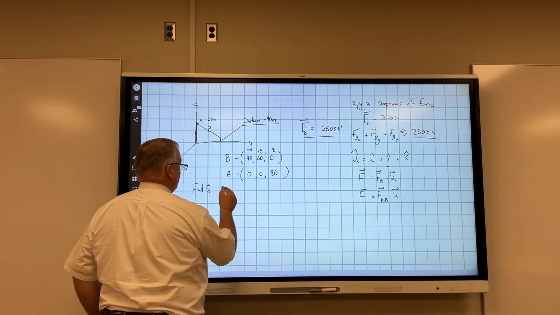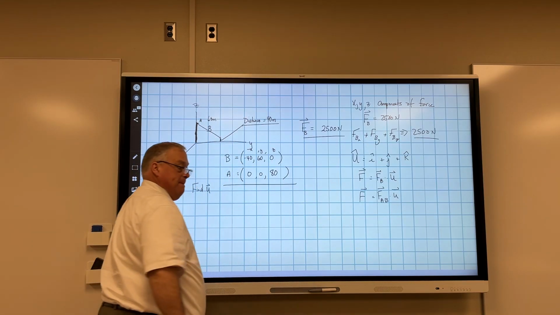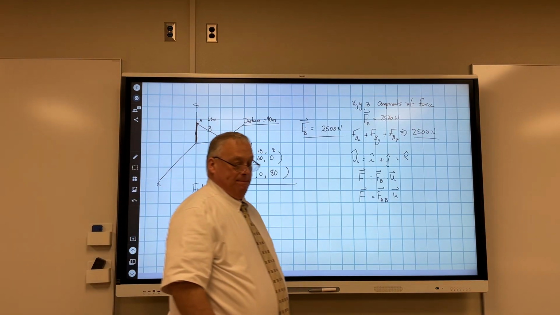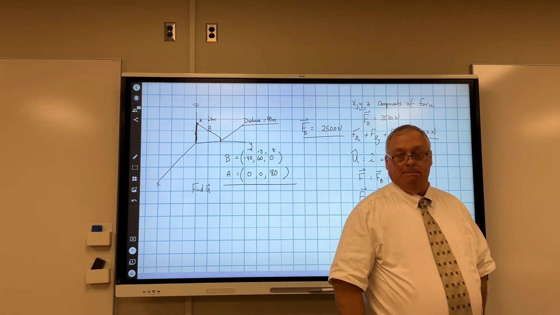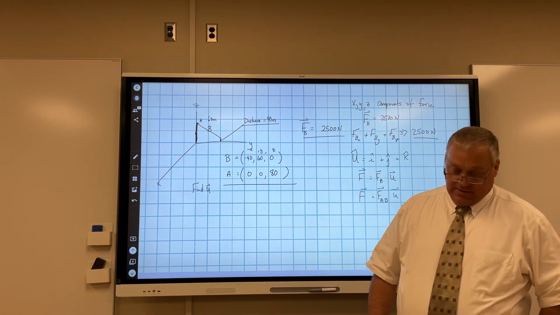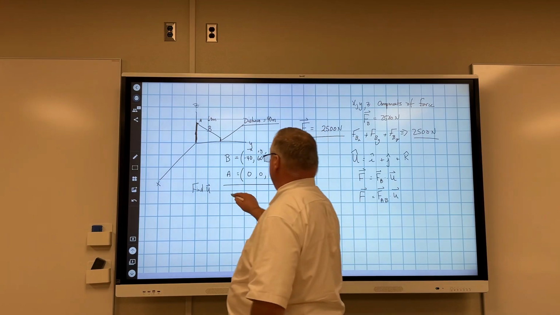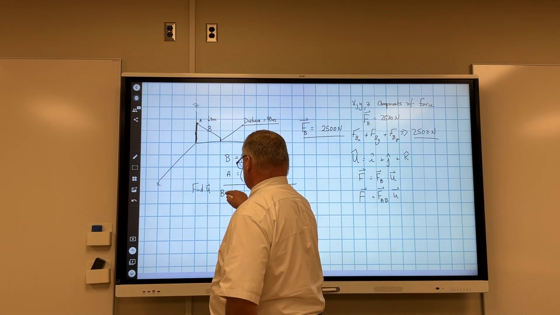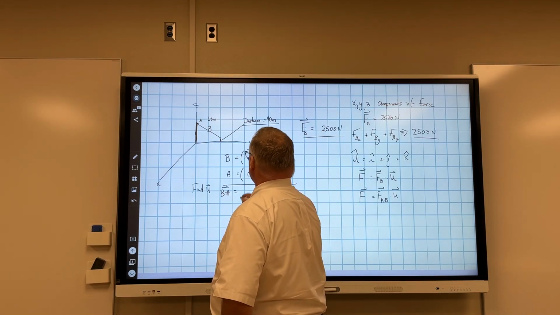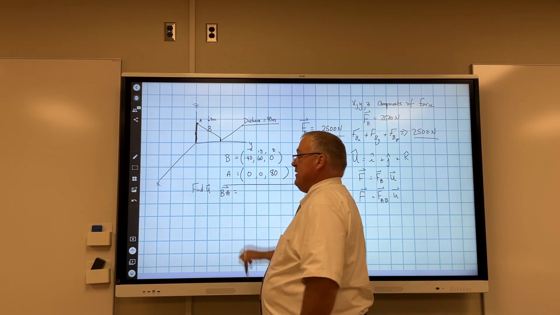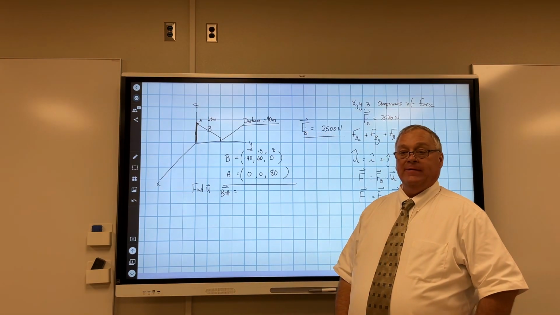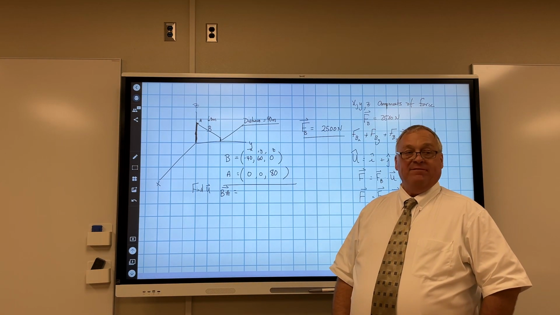I can do that by subtracting what? Your B and A. So my B is negative 40 minus 0, which is what? Negative 40, right?